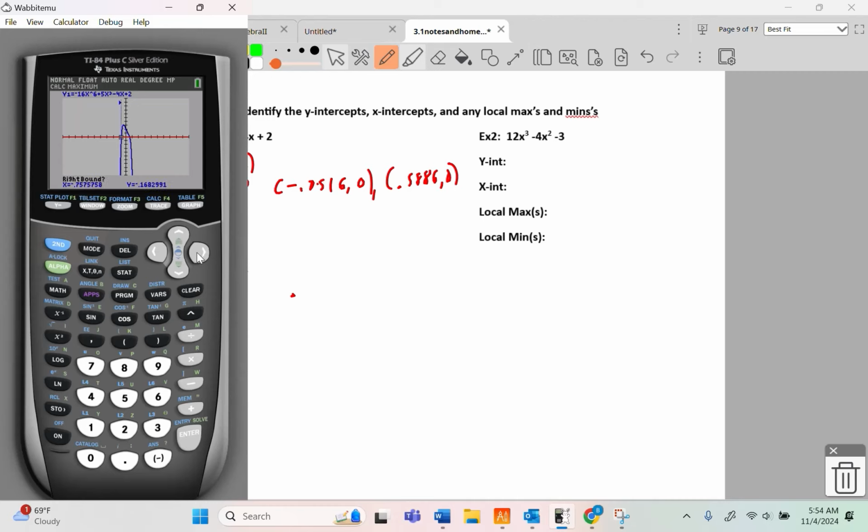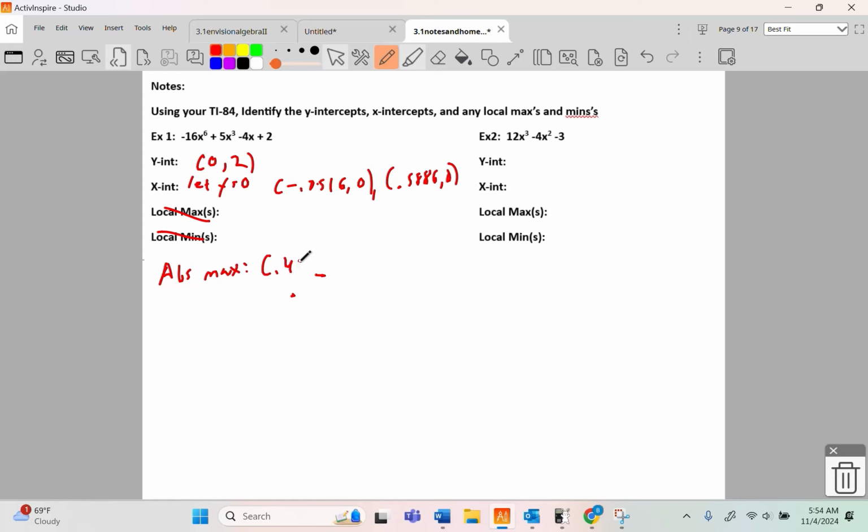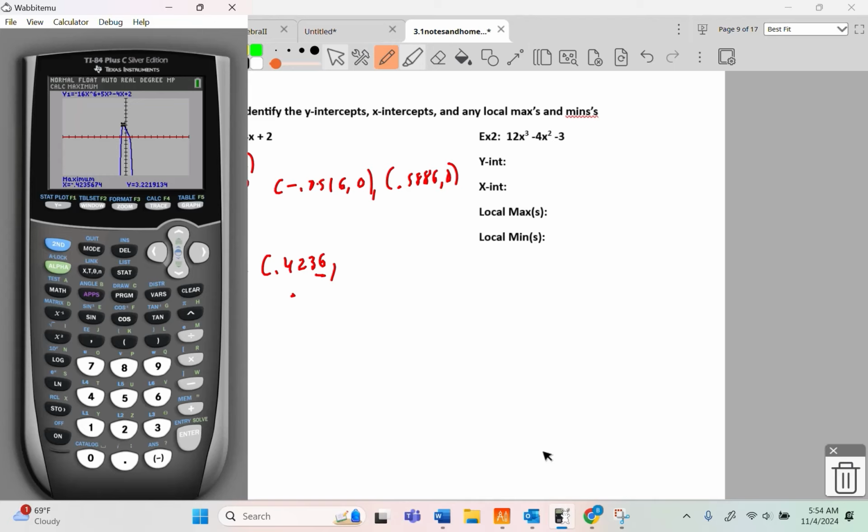Press enter. To the right of the maximum. Enter. Enter for a guess. There she is, 0.4236, comma, 3.2219.